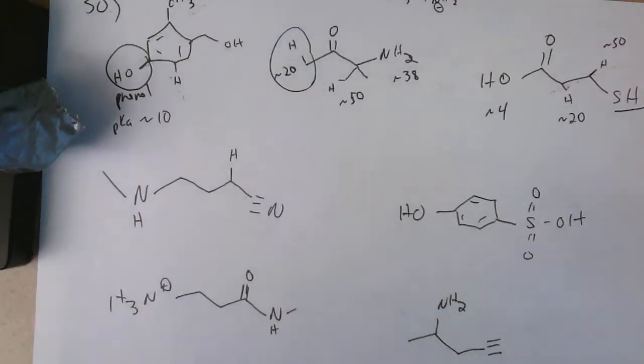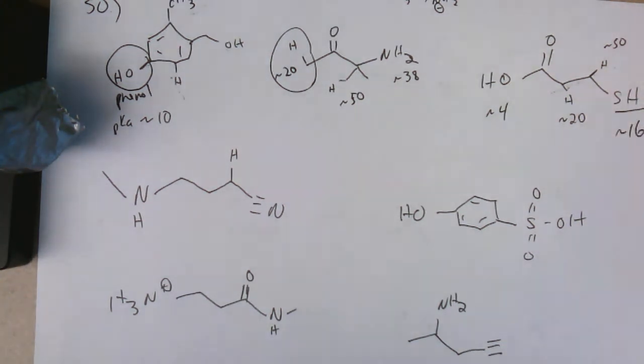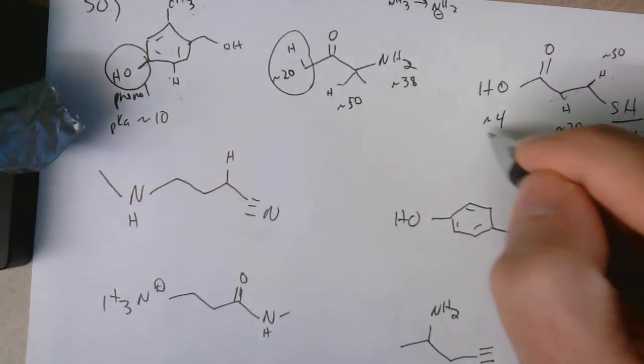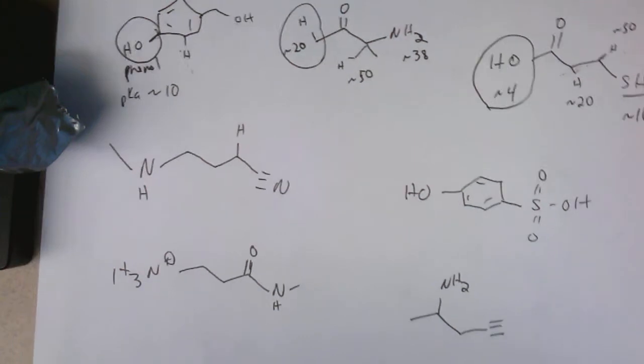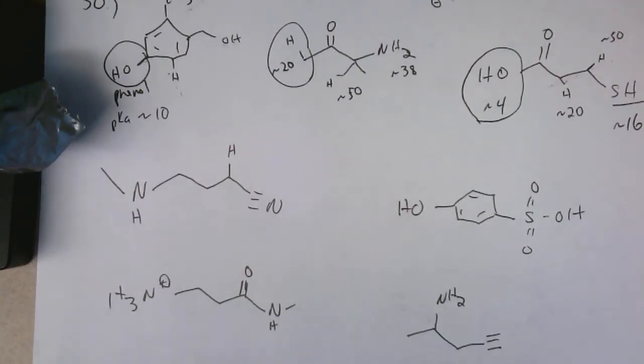It's going to be roughly in the ballpark of an alcohol, is what I'll say for now. Sulfur is less electronegative than oxygen, which means it's going to be a little bit weaker of an acid, but for now we can just ballpark it at 16 because it's unlikely to reach as low as the pKa of my carboxylic acid, which is going to be my most acidic proton here.